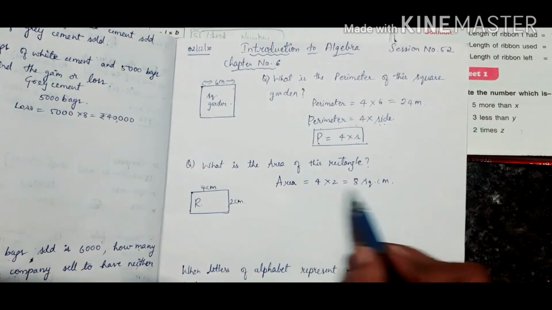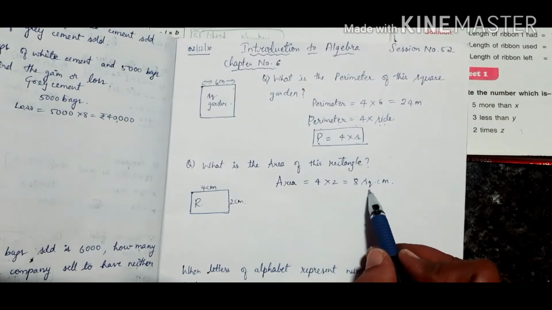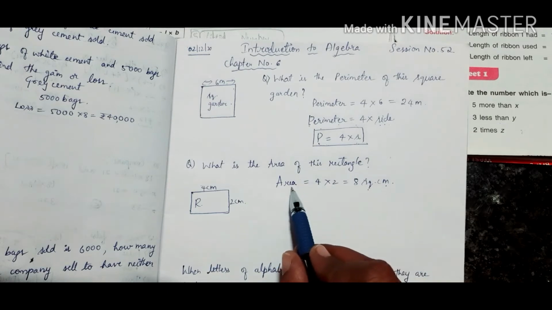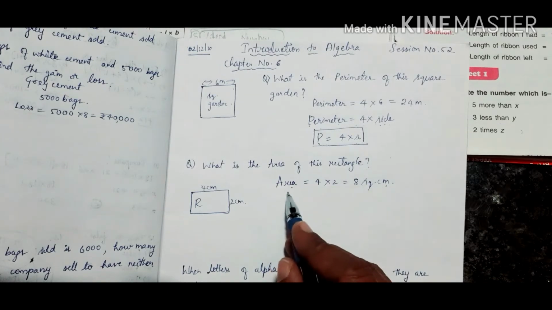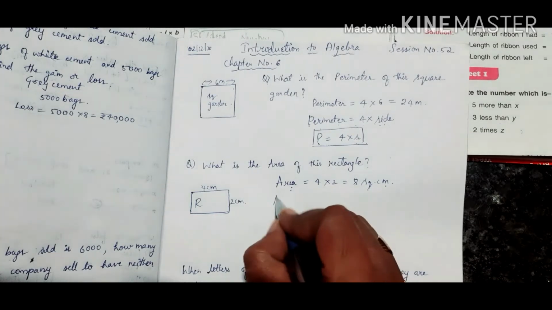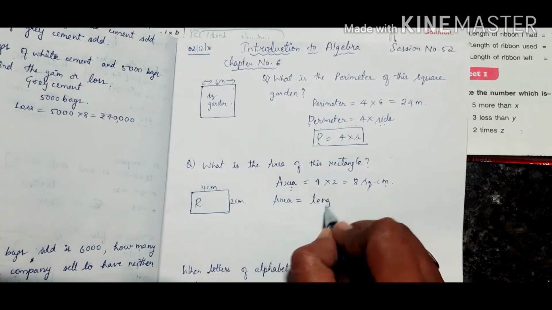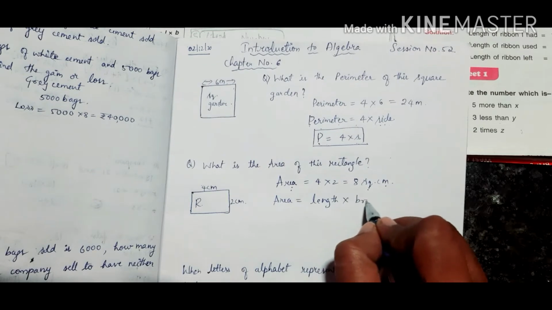To write the unit of the area, we always write square centimeter because square is the unit for area. Now to find the area of this rectangle, we have multiplied length into breadth.